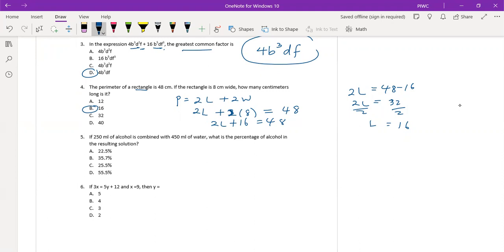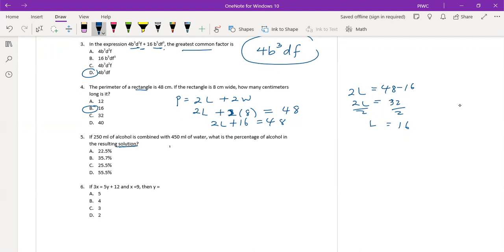And then number 5. 20 ml of alcohol is combined with 240 ml of water. What is the percentage of alcohol in the resulting solution?